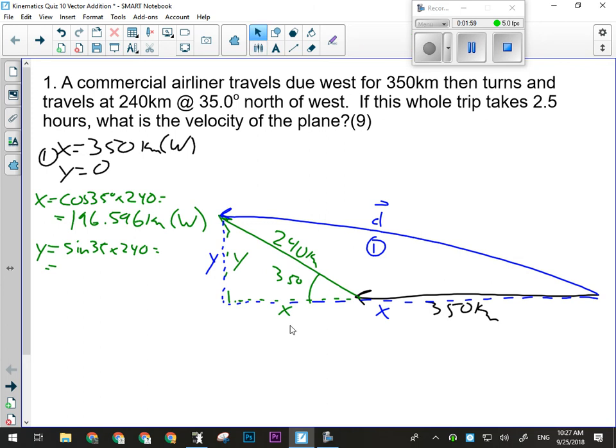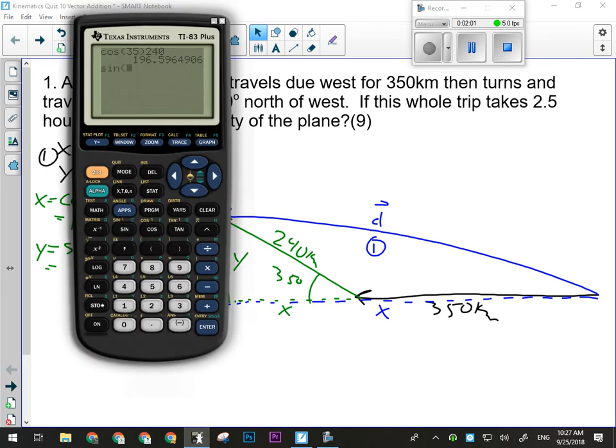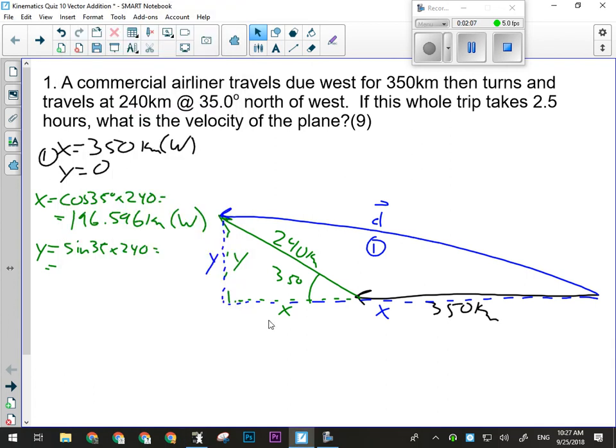And for Y, we'll have the sine of 35 times 240, okay, which is going to be 137.658 kilometers, and that will be north. Okay, so one mark for each of those. Method mark only. Okay, if they showed the work and it's right, give them the mark.